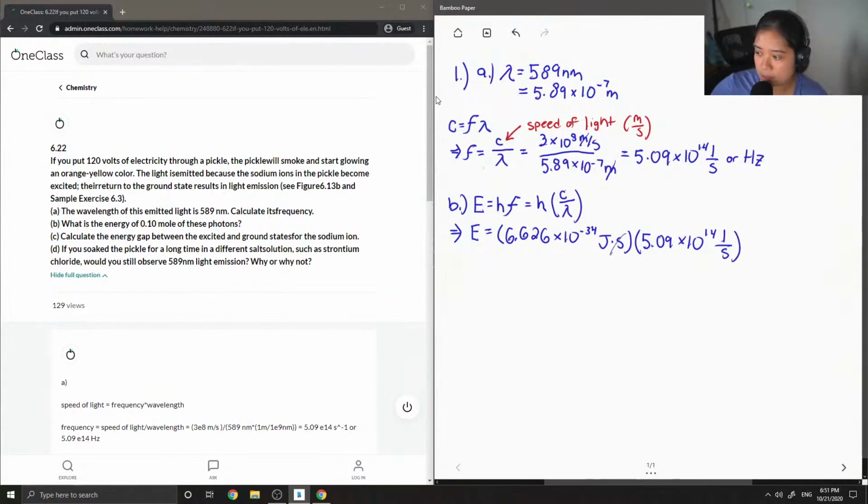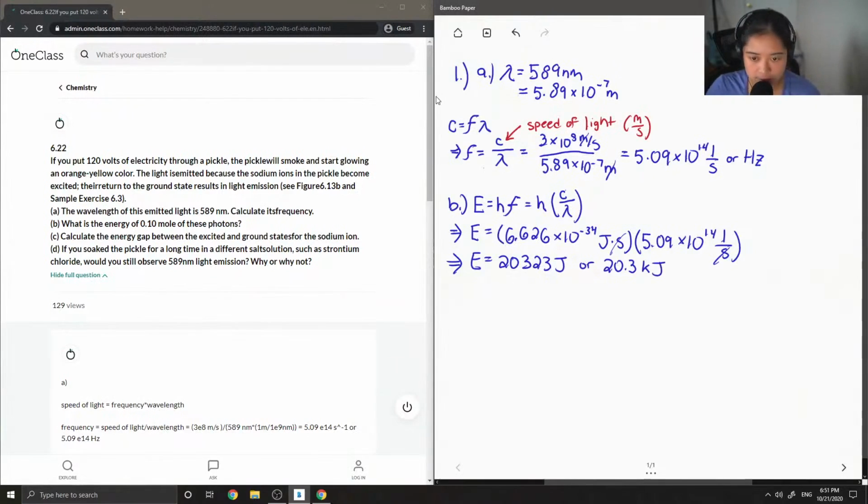And then once we plug in the frequency, which is 5.09 times 10 to the 14, 1 over seconds, you'll notice that our seconds cancel out. And then we are left with an energy value of 20,323 joules. Or we can convert this to kilojoules just to make it a little clearer, 20.3 kilojoules.